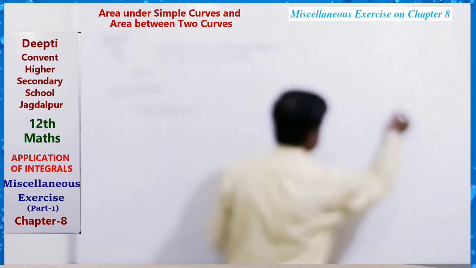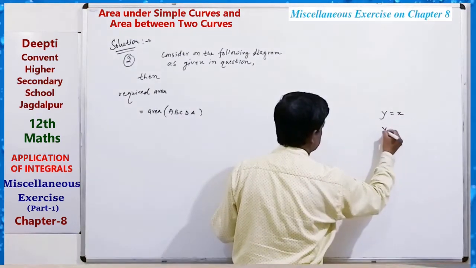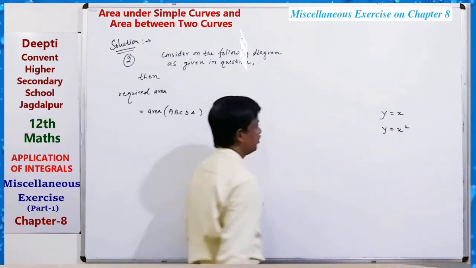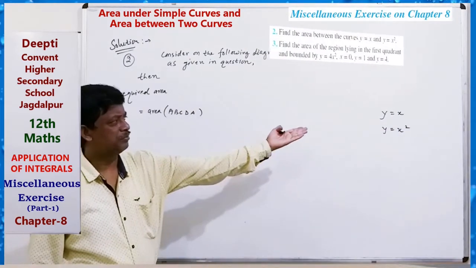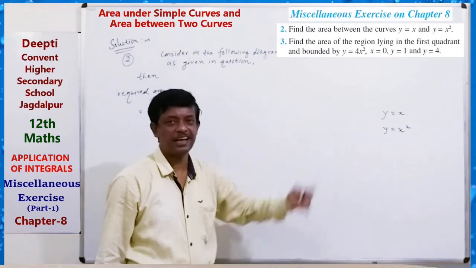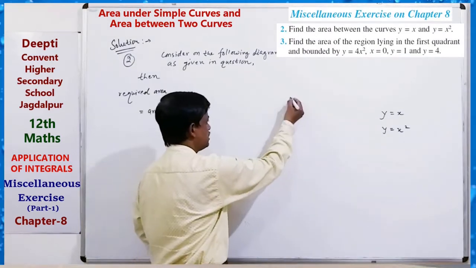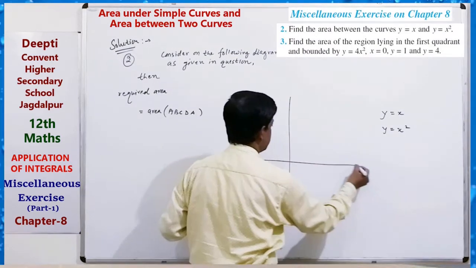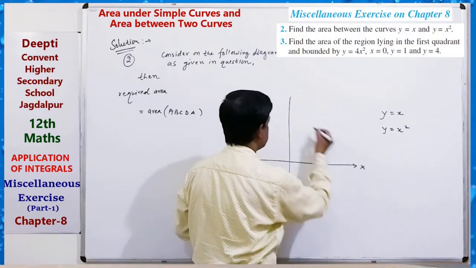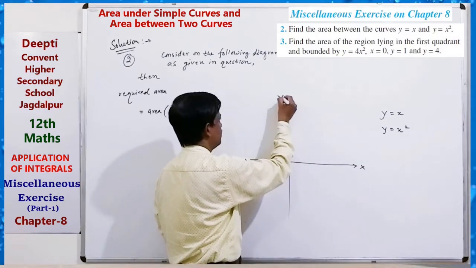Y equals x and y equals x square. We know one is a parabola, one is a line. So a very simple diagram. Here x axis, y axis.